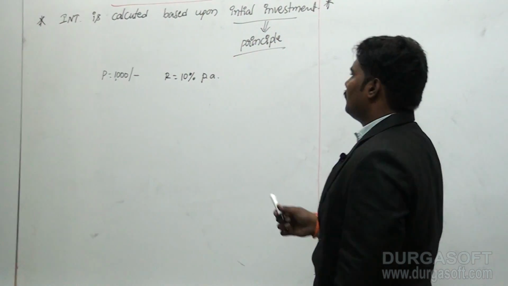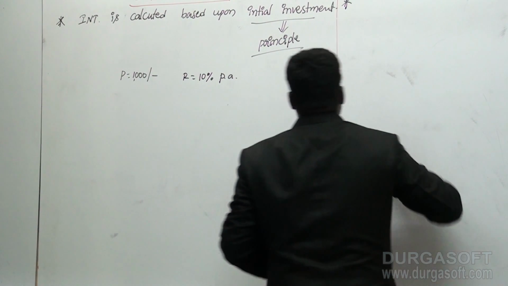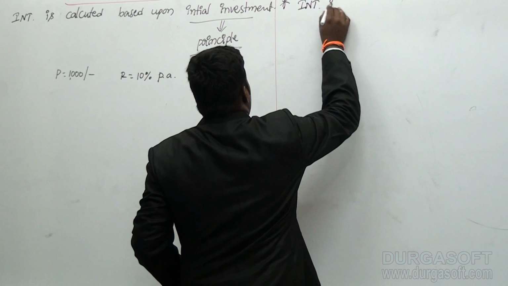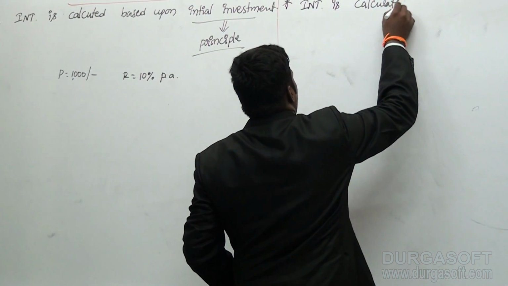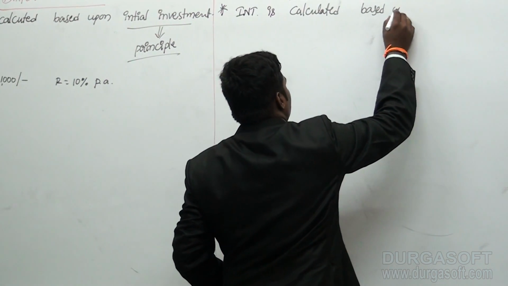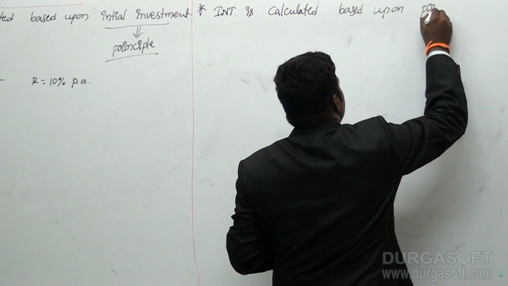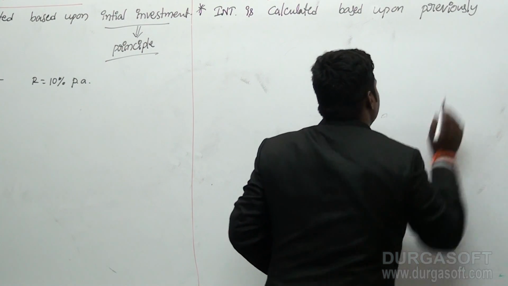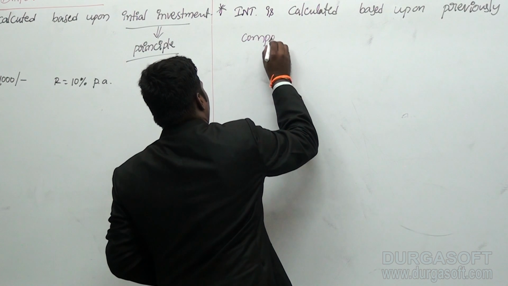Simple interest means interest calculated based upon the initial investment, whereas compound interest means interest is calculated based upon the previously compounded amount. This terminology is very, very important: previously compounded amount.